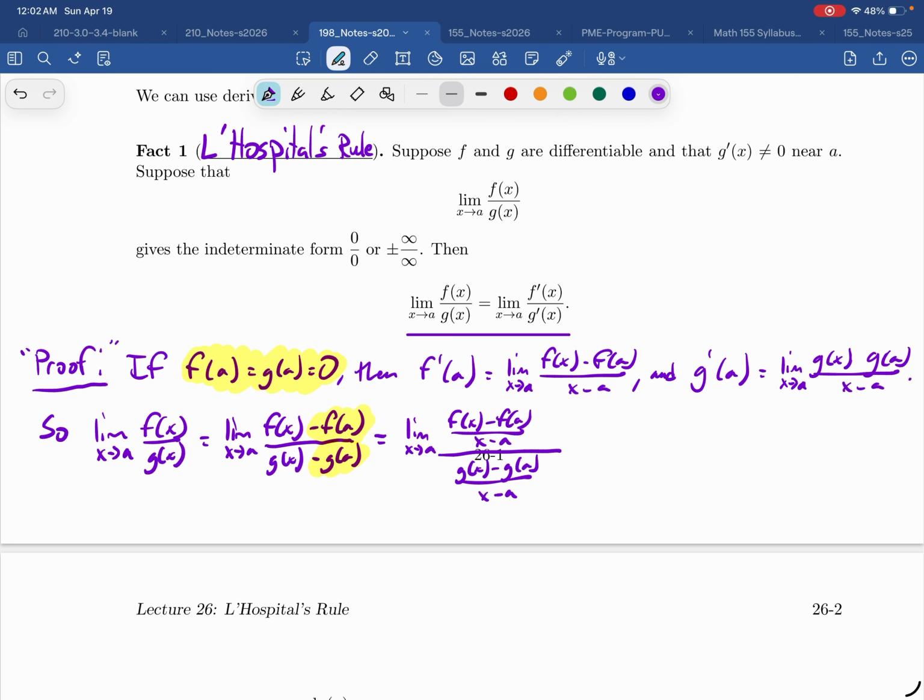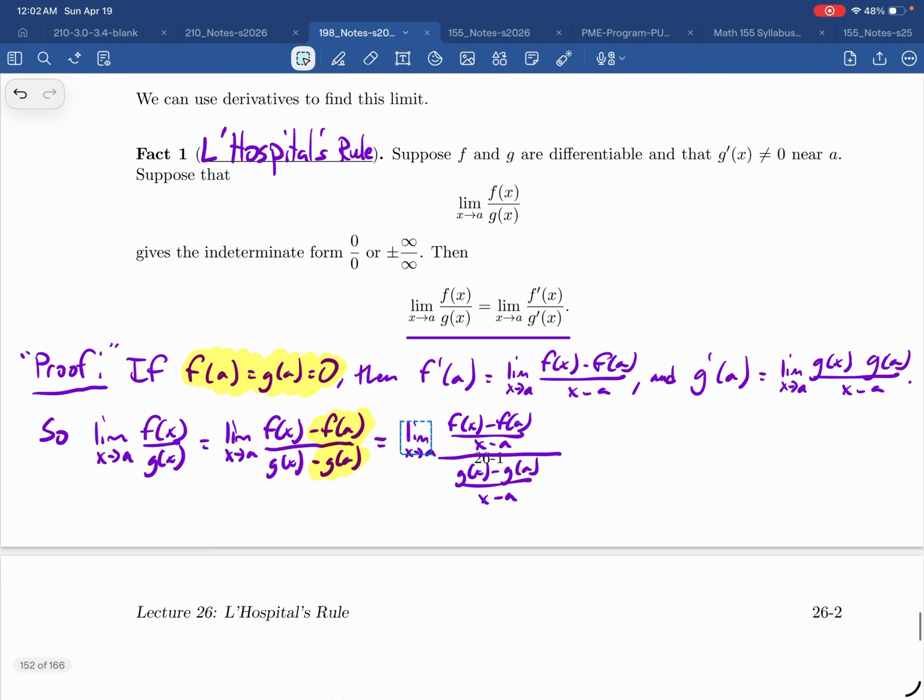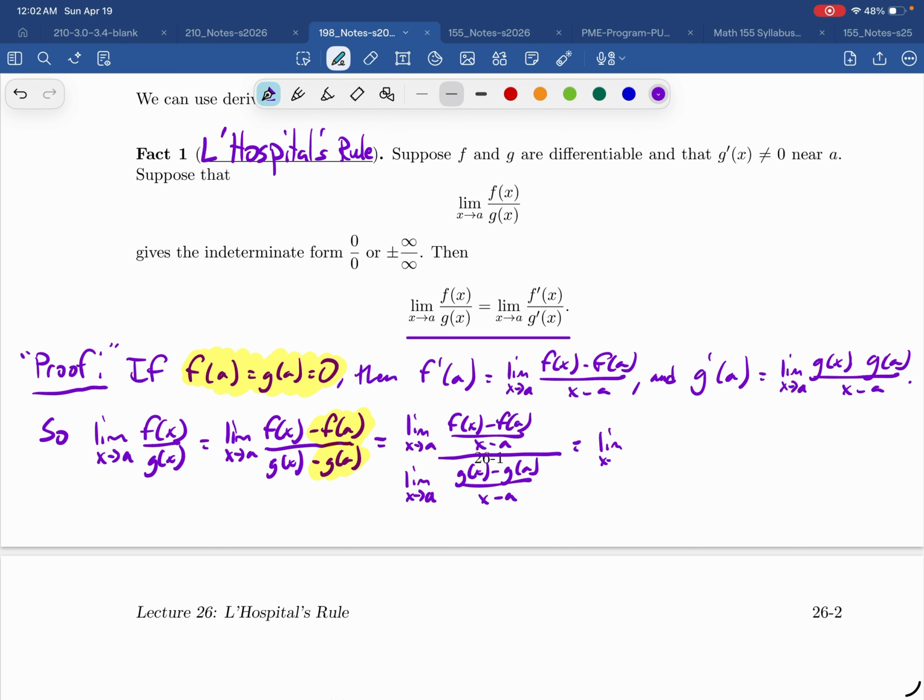And even further, assuming these limits both exist, which they do, because the derivatives exist, I could split the limit up over the quotient. And this is really the same thing as the limit as x approaches a of f prime of x over g prime of x. We just have the definition of the derivative. So there you have it.